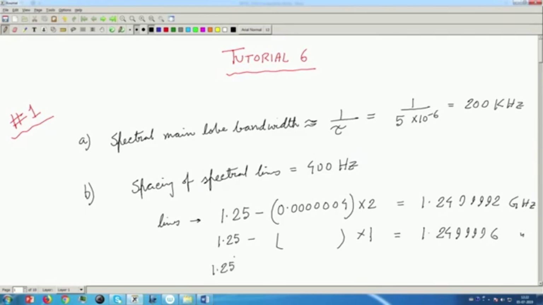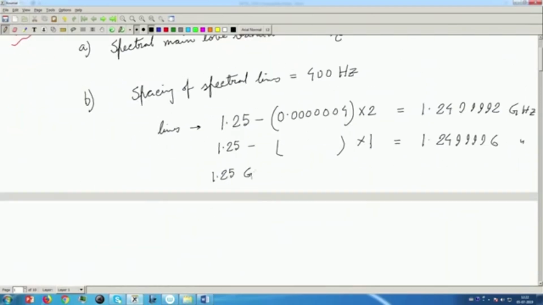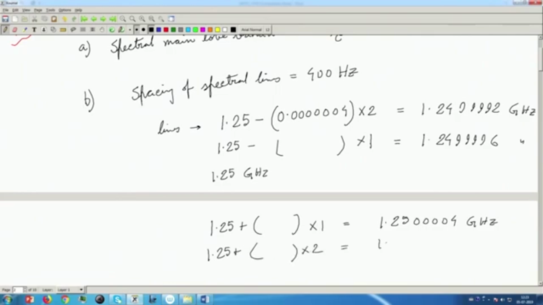Obviously, one at 1.25 gigahertz. Then there will be plus 1, so 1.25 plus that into 1, that will be 1.2500004 gigahertz, then this into 2, so 1.2500008 gigahertz, like that, this side also. So, there will be spectral lines like this.